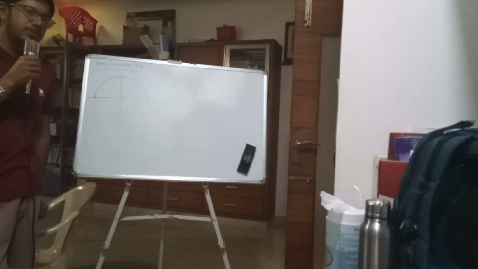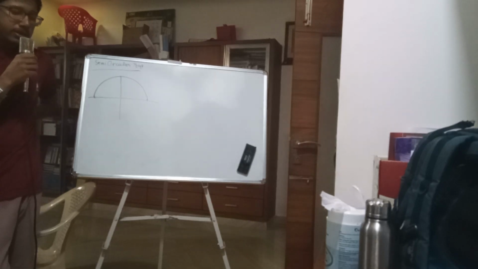Integration is a part of calculus, and calculus is going to give you very good, strong basics in physics. If you are learning physics through calculus, you will get stronger concepts, and you get stronger in getting ideas during examinations.